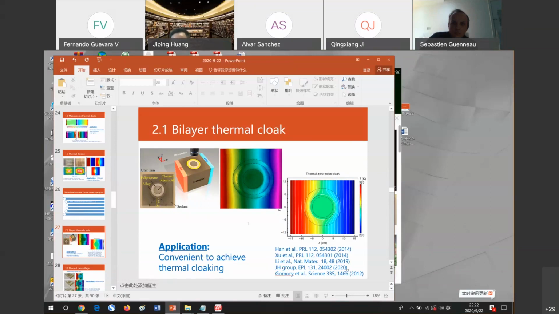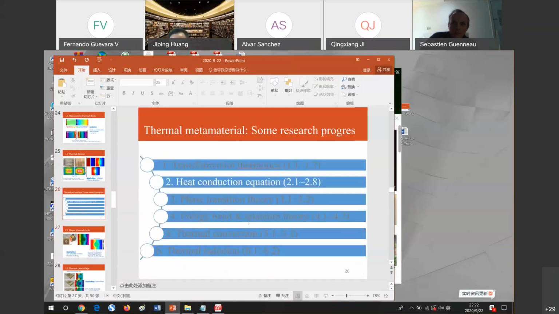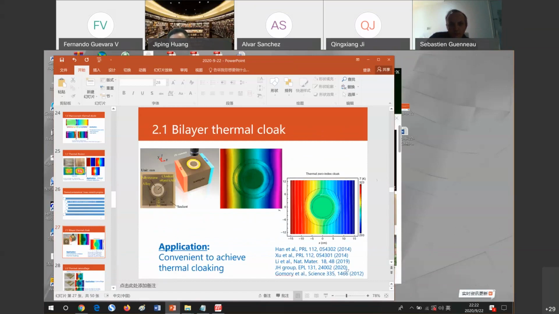That is, if we start from the heat conduction equation only, and we hope to solve it analytically, I think my answer to your question is no. But if we use different methods, such as numerical simulations, we can design a bilayer thermal cloak for any shapes. So this is my answer. I'm not sure if you are satisfied.